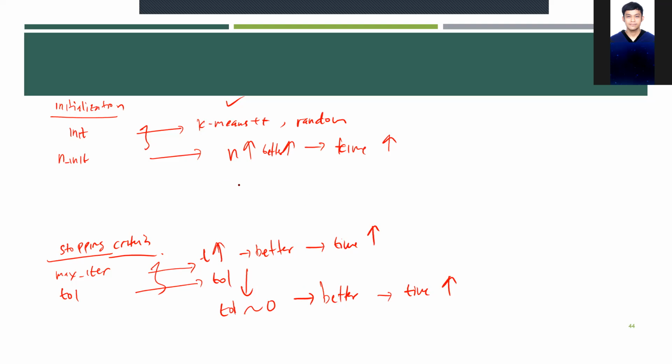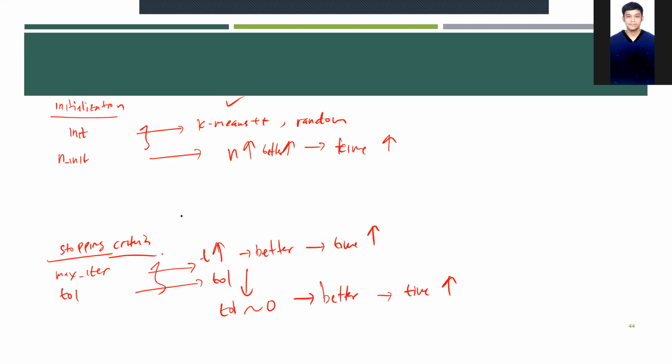So, in practice, how do we determine this parameter? First, we have to see the data. We use data visualization to see how difficult our data is.